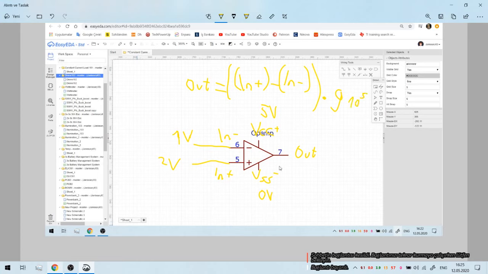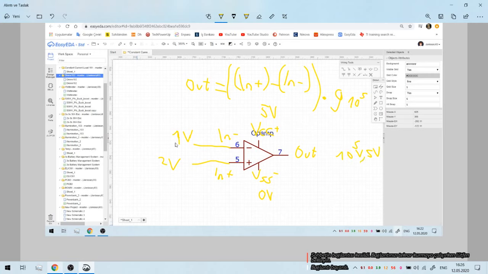Our in plus terminal has much higher voltage than the in minus terminal, and if we use this equation, 2 minus 1 times 10 over 5, output voltage wants to be 10 over 5, but it can't. It will saturate on only 5 volt.